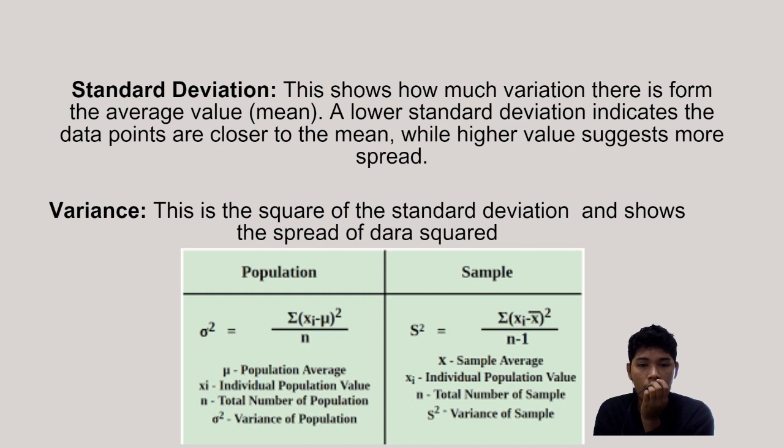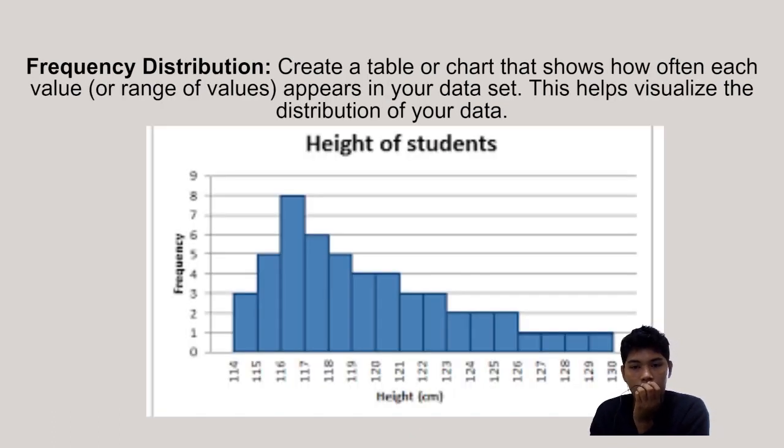So variance. This is the square of the standard deviation and shows the spread of data squared. So this is the sample of the variance. So frequency distribution. Create a table or a chart that shows how often each value or a range of values appears in your data set.